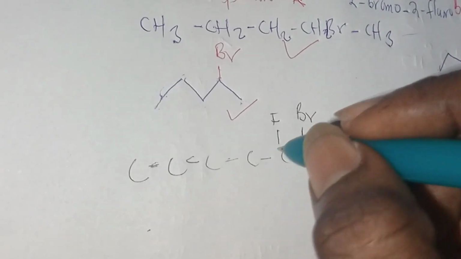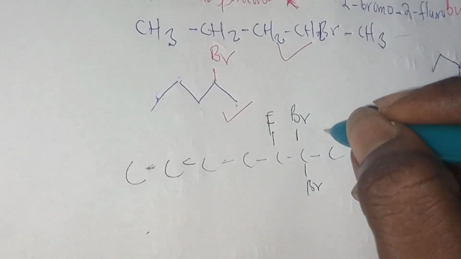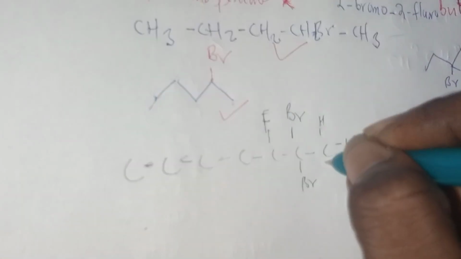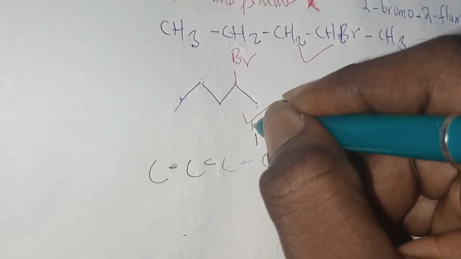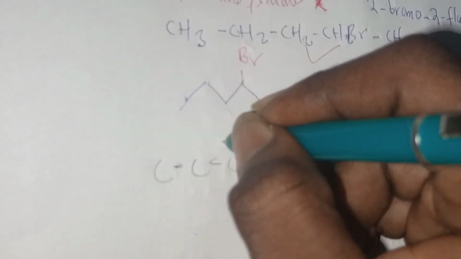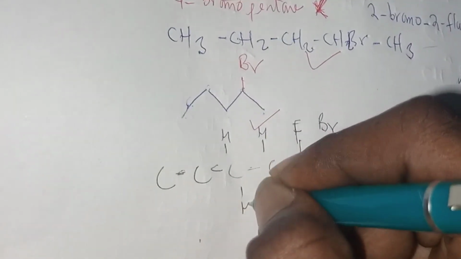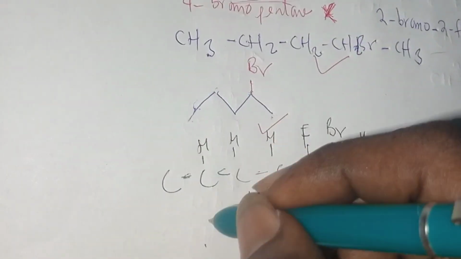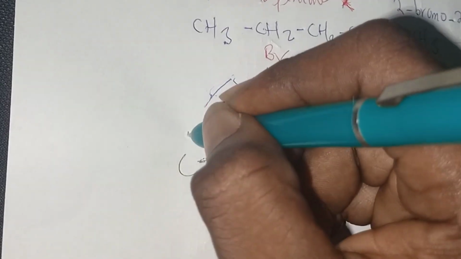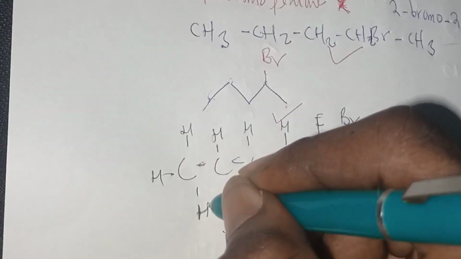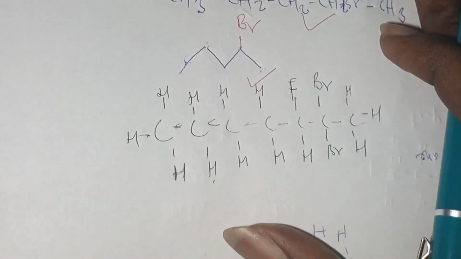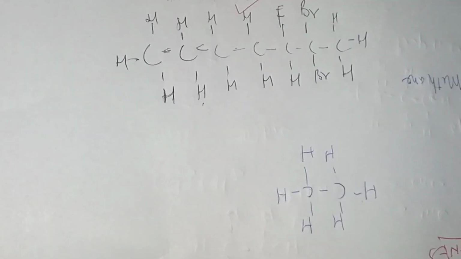Let's leave the substance like this. So we have hydrogen, this hydrogen is really hard to write, but for the sake of practice, let's use this format. Okay, so we have a compound like this.